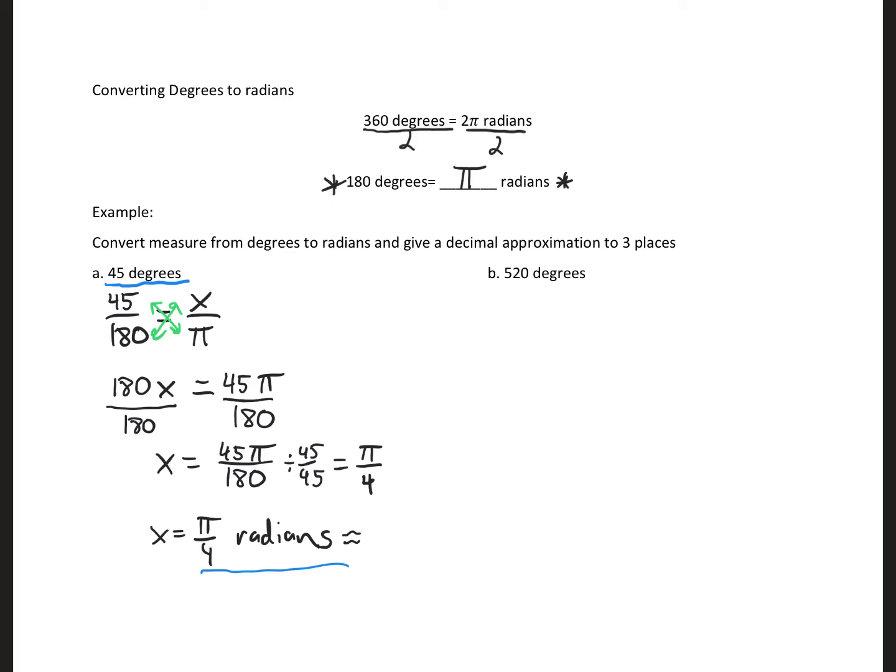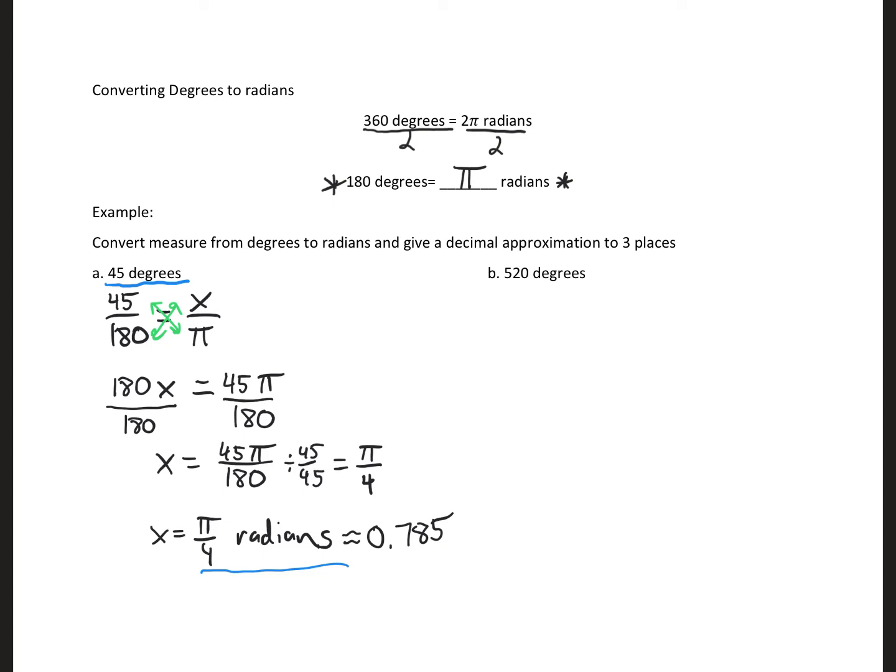So if we round that to 3 decimal places, we'll get 0.785. That means the length of the arc intersected by 45 degrees, or the length of the arc intersected by pi over 4 radians, has a length of about 0.785 units.